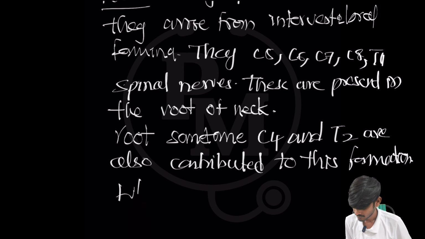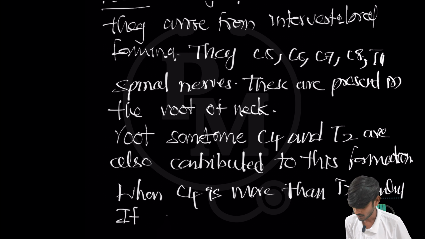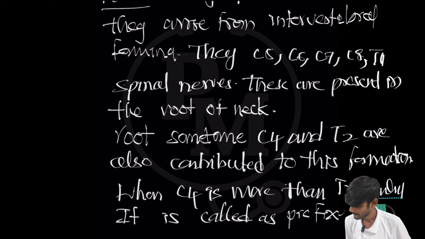When C4 contribution is more than T2 contribution, it is called as prefixed brachial plexus.